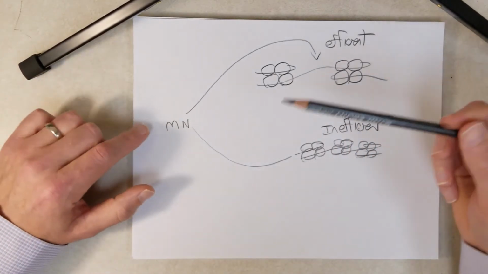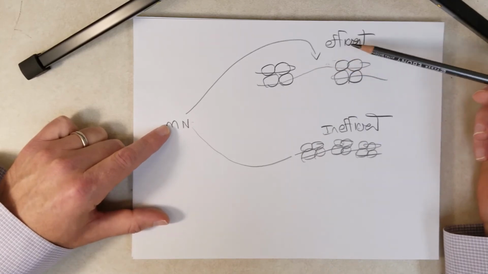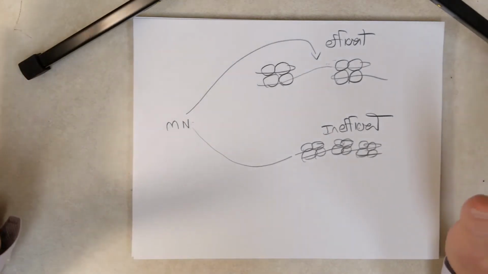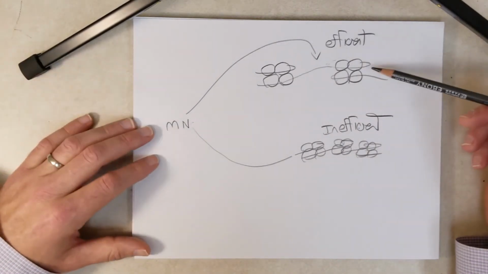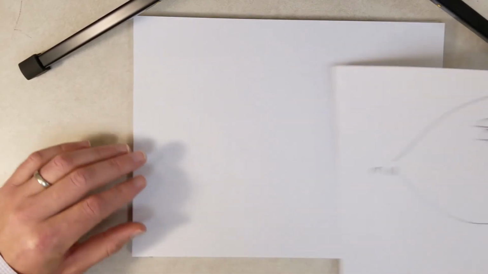So we can use the fact that micrococcal nuclease digests this type of DNA in open chromatin efficiently, and this type inefficiently, to check whether different parts of the genome are in open or closed forms. So if you're confused by that, hold on one second.